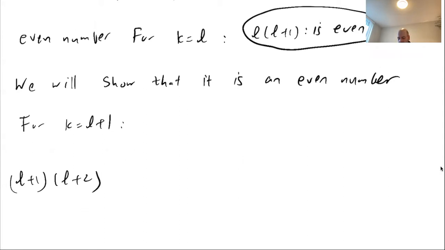Now, what is (L plus 1) times (L plus 2)? If I expand this, it's going to be L squared plus 3L plus 2, which I can write as L squared plus L plus 2L plus 2, right? 3L plus 2, I can write as L plus 2L, then plus 2.